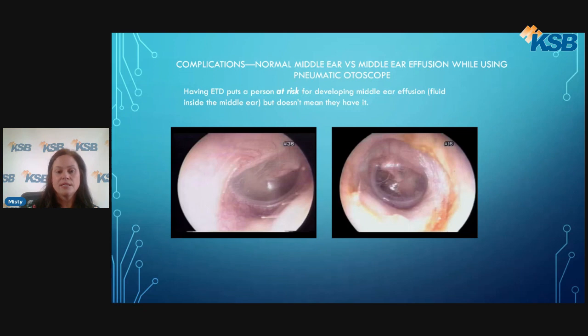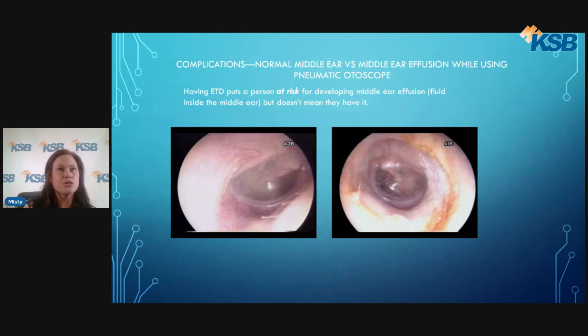As you can see, the difference in the other slide is clearly evident: there is fluid or fluid level lines behind the tympanic membrane, or eardrum. When you use the pneumatic otoscope, it forces air inside the ear canal that will allow the eardrum to move. If it doesn't move, then it helps us diagnose otitis media with middle ear effusion, which is fluid behind the eardrum.